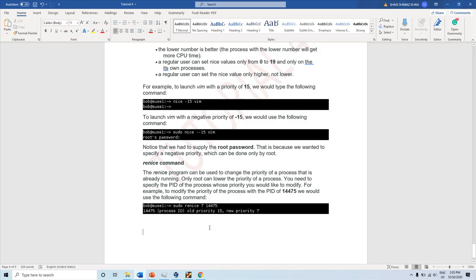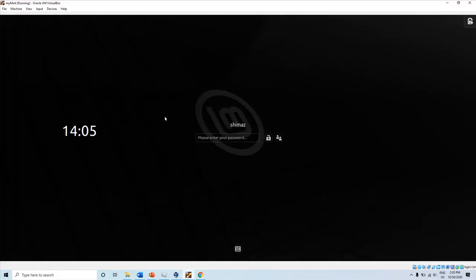If you want to decrease the value, it can be done only by the administrator or root. So you have to add the sudo command: sudo renice 7, 14475, where 14475 is the process ID. For this particular process, please change the nice value from whatever the current value is to 7. You need the sudo root privilege, so the sudo command is attached. You can practice this in Linux and try these things.